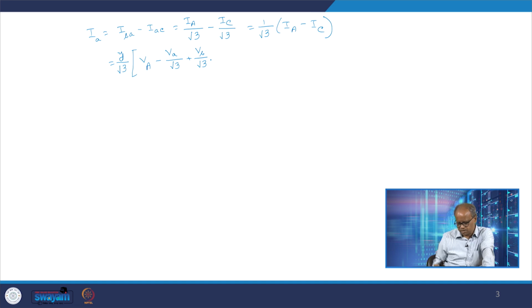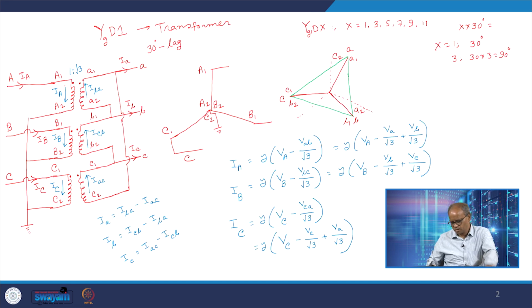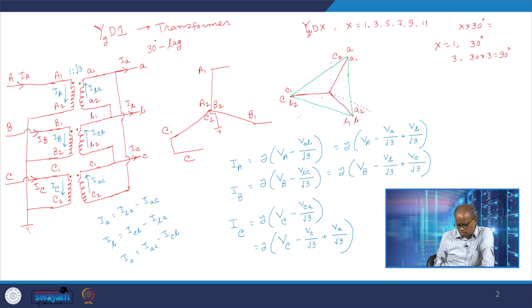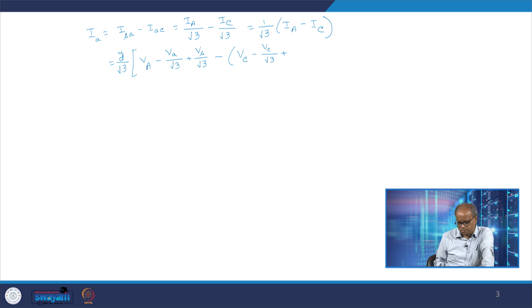So that is basically IA, and IC is VC minus V small c by root 3 plus VA by root 3.